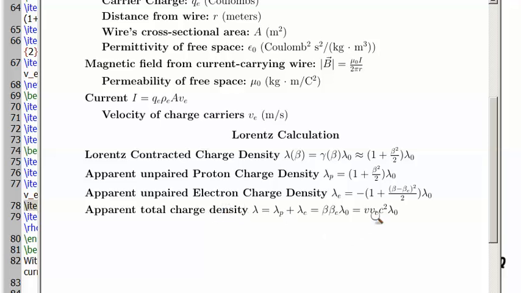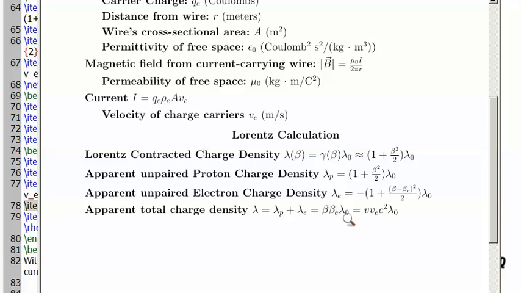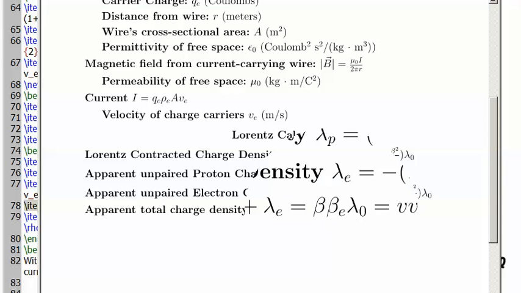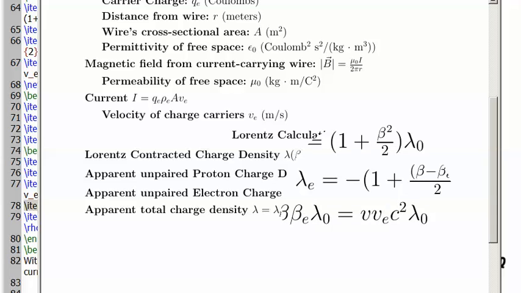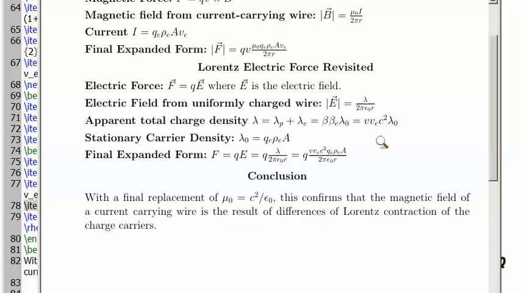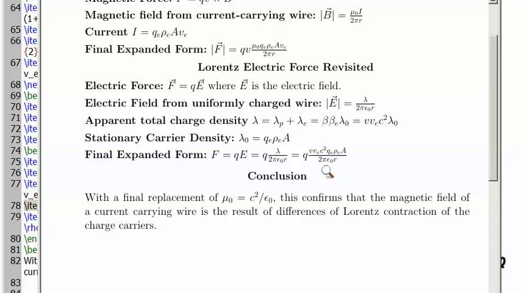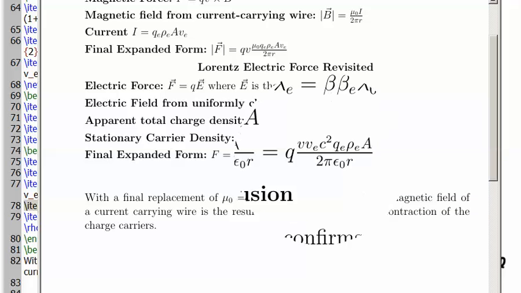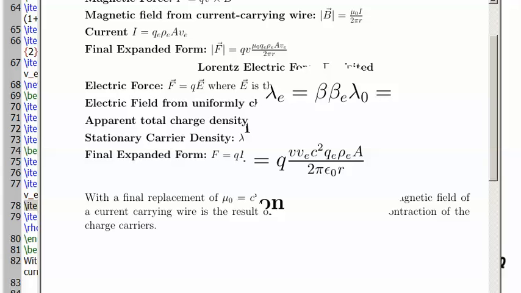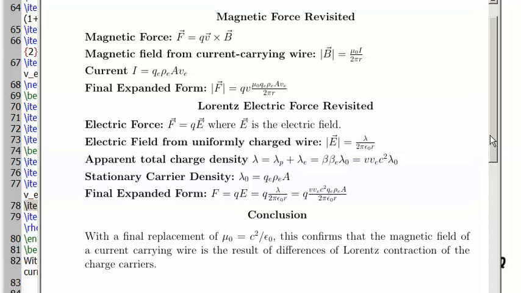When you work these two things out and subtract them, you get rid of everything except the beta sub E lambda naught, which is V sub E over C squared lambda. When you then replace the lambda sub naught with q sub e rho sub e a, you get the final expanded form, which is pretty much the same as the final expanded form for the magnetic force.